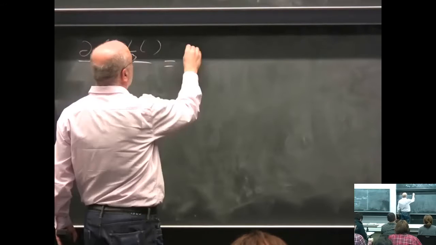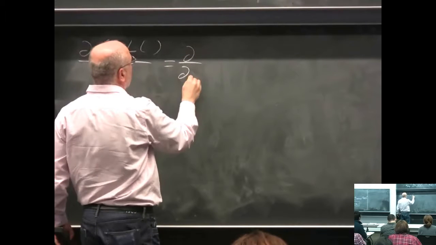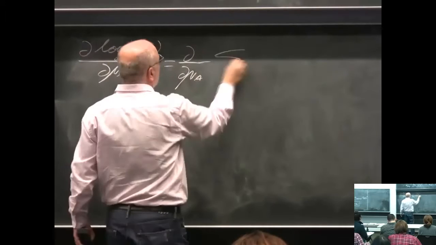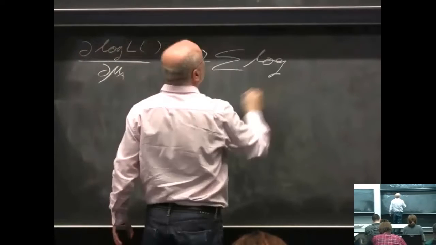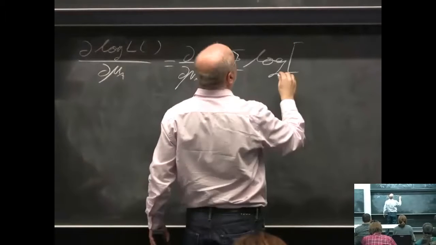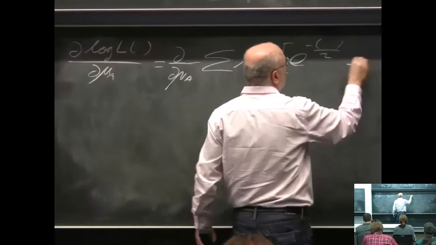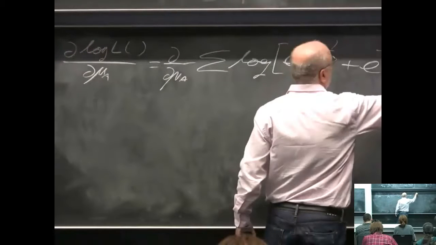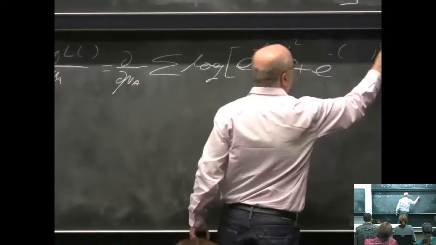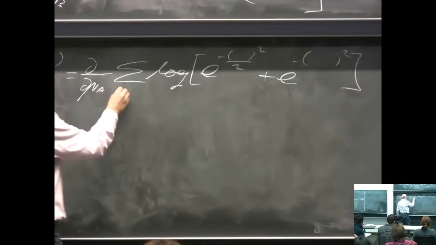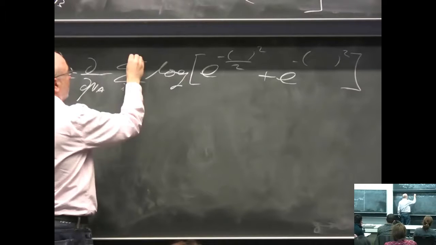Is the derivative with regard to mu A of the sum of log of e to the this plus e to the that. I can try to push this further. It goes from 1 to n.